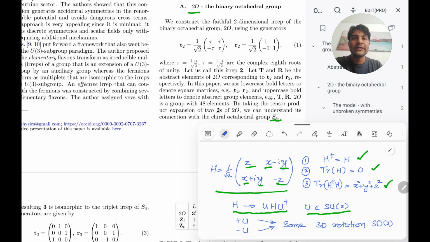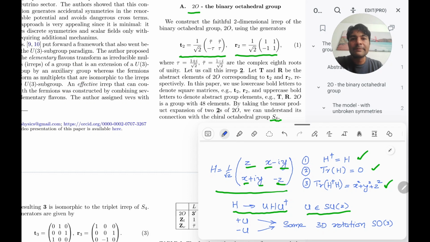Now, I generate this binary octahedral group using these two 2x2 matrices, bold T2 and bold R2, where tau and tau bar are the complex 8th roots of unity. Throughout this paper, I use bold lowercase letters to denote matrices. If we use these two generators, we obtain a group of 48 elements, and that forms the binary octahedral group.